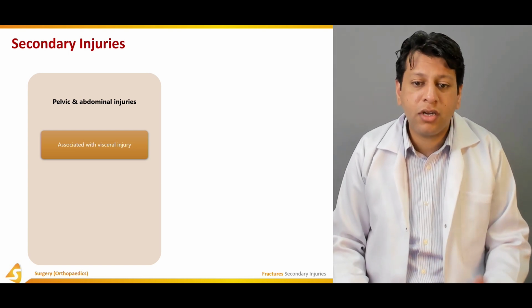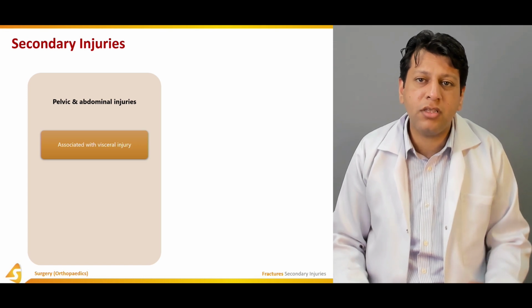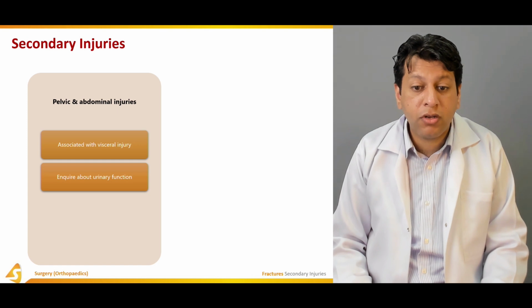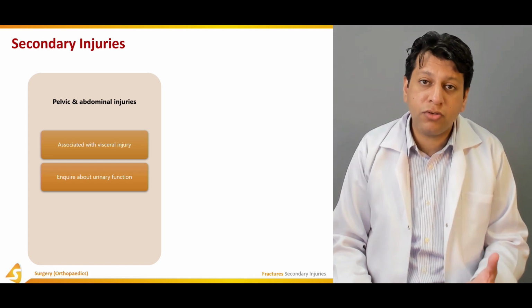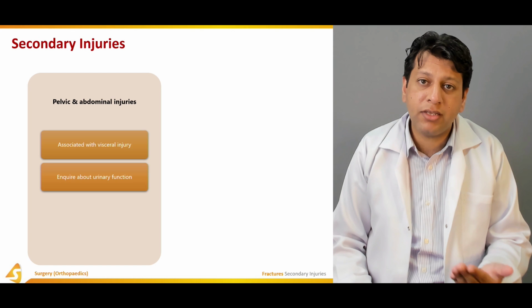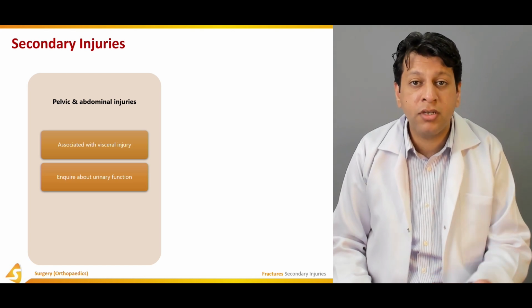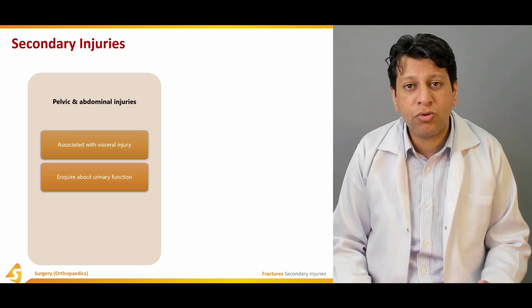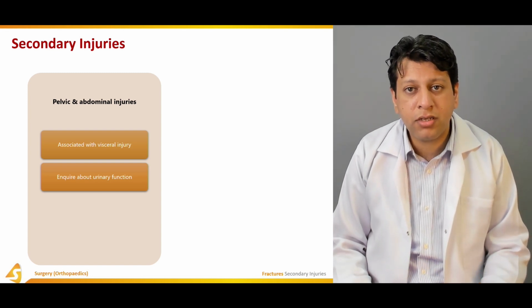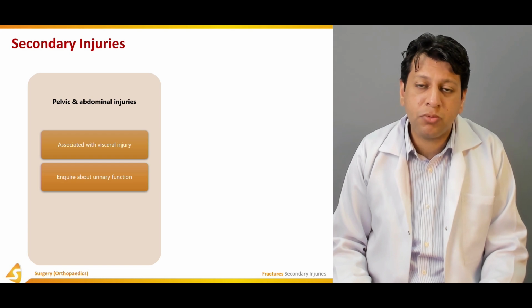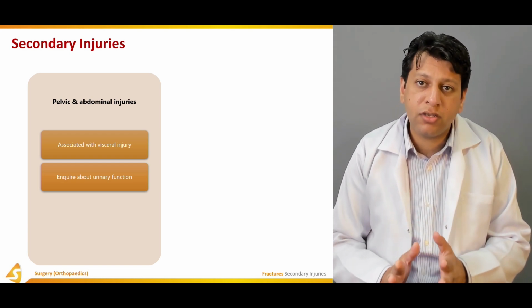And usually with these kinds of associated visceral injuries, especially the genitourinary viscera may be damaged as well. For example, we usually do input and output monitoring; NGs and Foleys are an adjunct to the primary survey and usually passed. But if the patient has a scrotal swelling, there's blood at the meatus, and usually abdominal swelling along with that, then probably the urethra has got damaged as well.